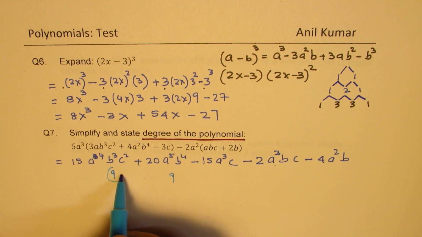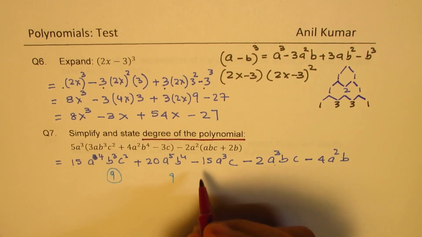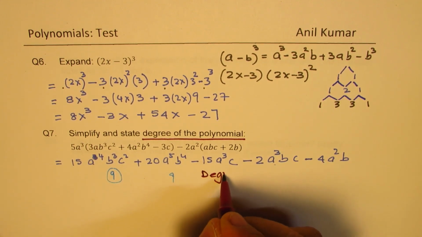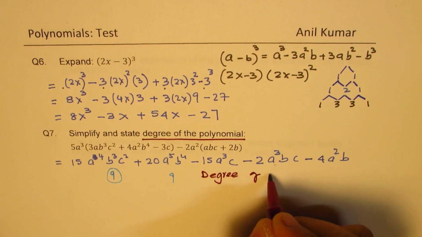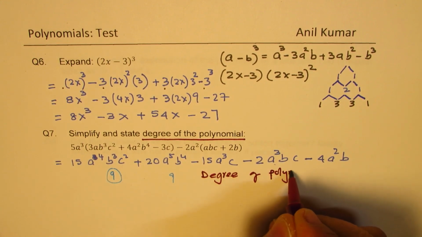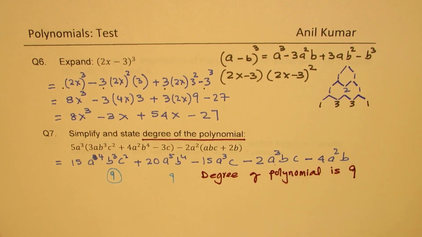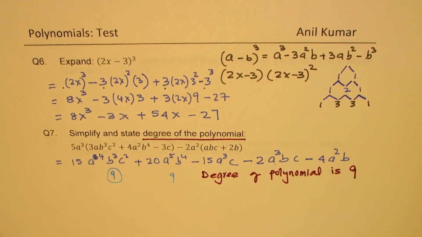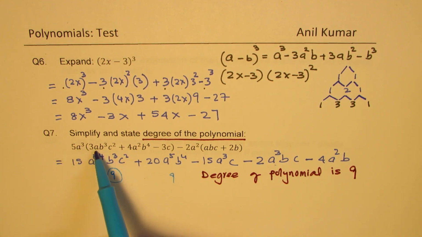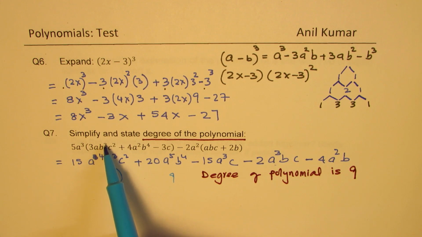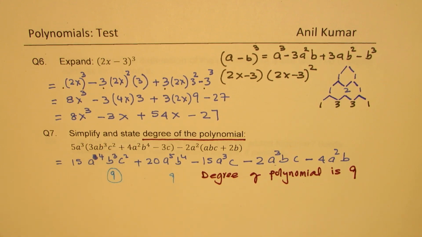So the degree here is 9, correct? So we can write down that the degree is 9. So that is how we can get our solution, right? You can also count here 3, 4, and 3, 7, and 2, 9, correct? So that is how we'll get our degree.